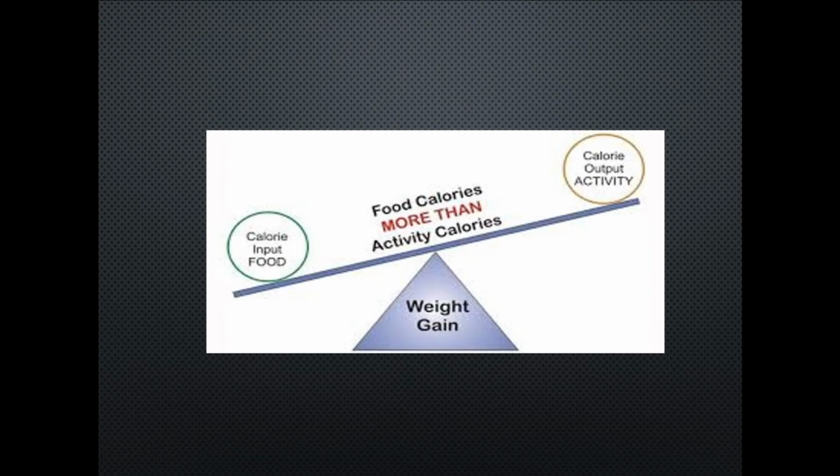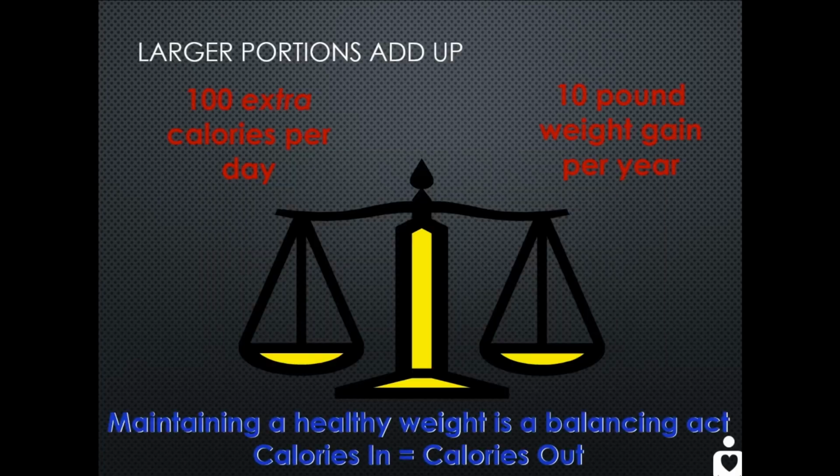Calories are in food. It's in the form of energy, and if you take in more calories than you expend in energy, as in activity, walking, gardening, riding, golfing, swimming, anything like that, you will gain weight. If you take fewer calories in than you put out in your energy and activity, you will lose weight.